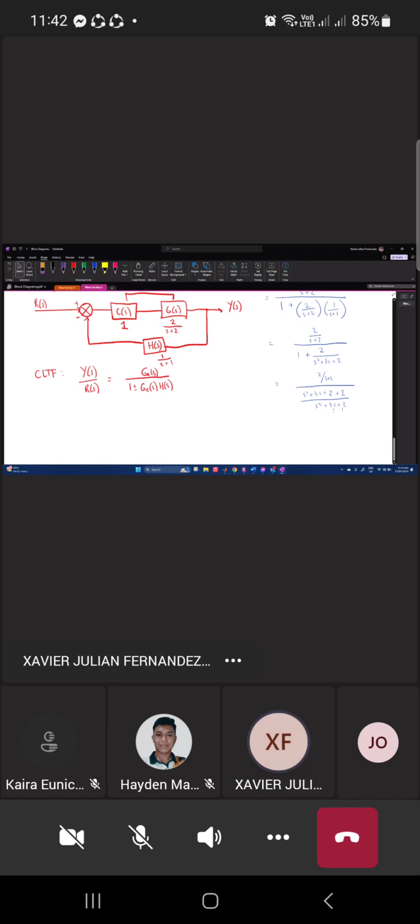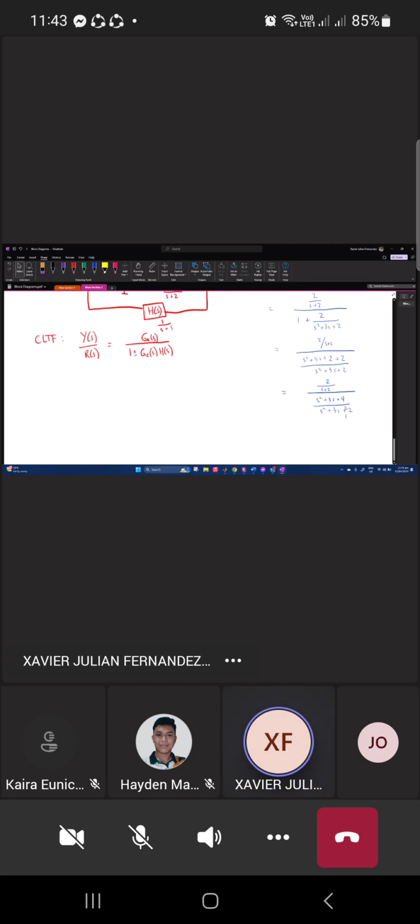So this is now 2 over s plus 2 all over s squared plus 3s plus 4 over s squared plus 3s plus 2. By division of rational expressions, that's 2 over s plus 2 times s squared plus 3s plus 2, all over s squared plus 3s plus 4.